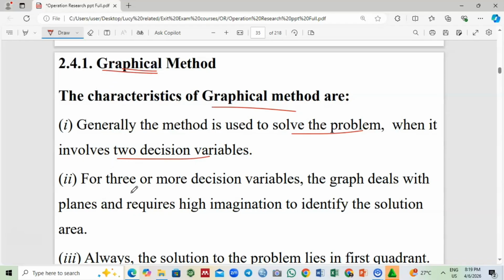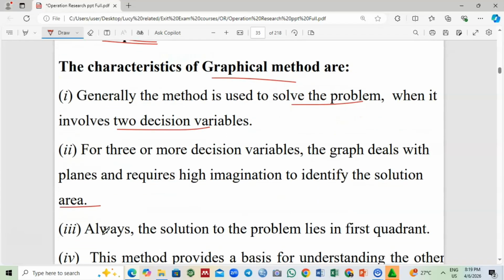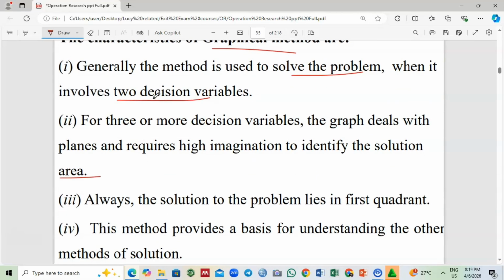Second, for three or more decision variables the graph deals with a plane and requires high imagination to identify the solution. It becomes more complex when our decision variables are three or more. Therefore, rather than the graphical method, moving on to the simplex method is better. Always the solution to the problem is in the first quadrant.